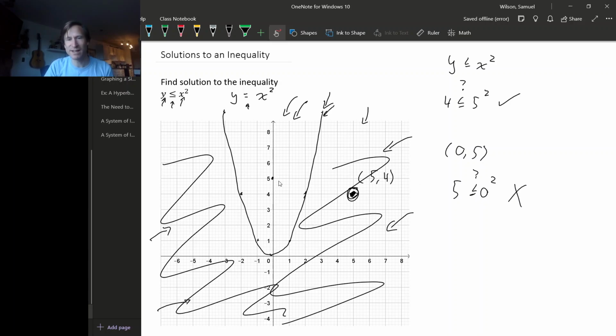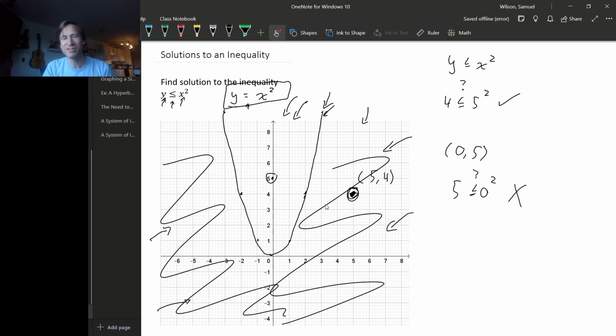So this point at 0, 5 is not a solution, and that means that all the points above the parabola are not solutions. So you see what's happening here: this boundary curve that we get by replacing the inequality with an equals is separating the plane into regions, and then we can check each region separately by picking some point in that region and plugging it in to see if it works.